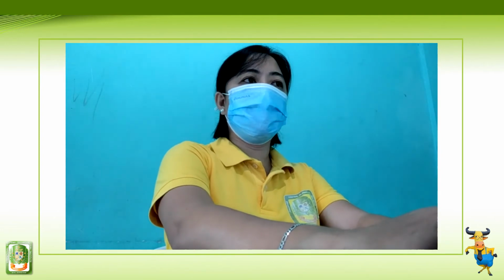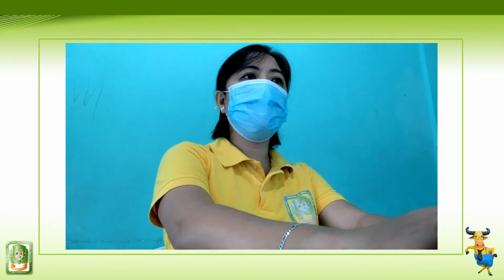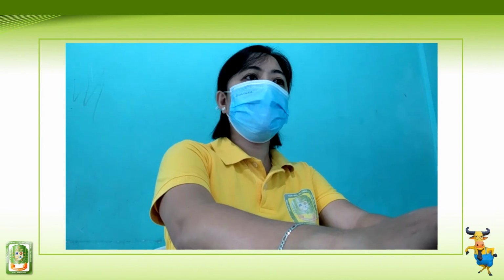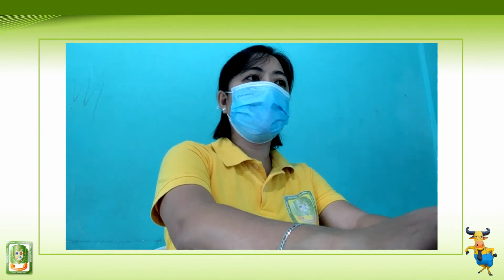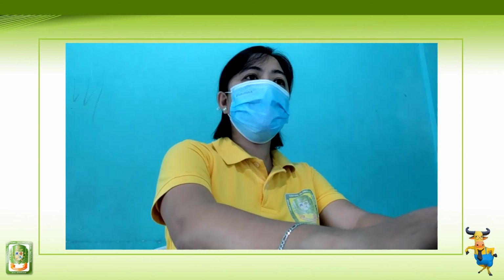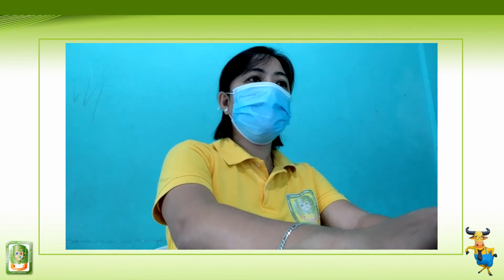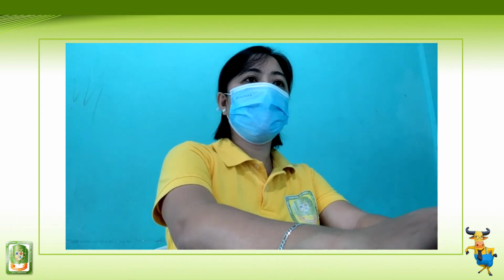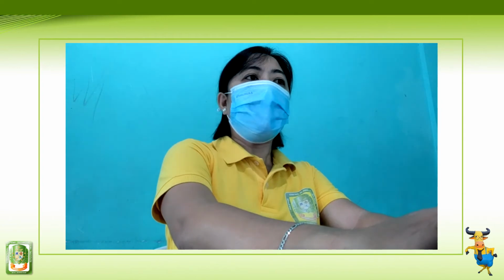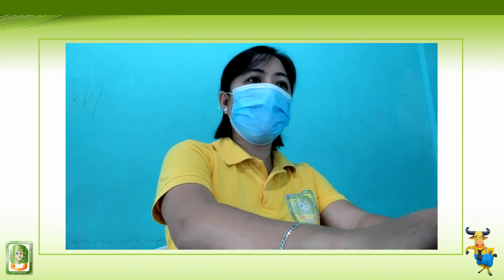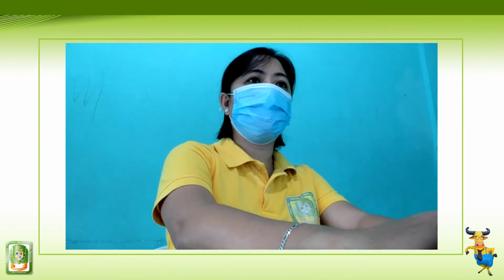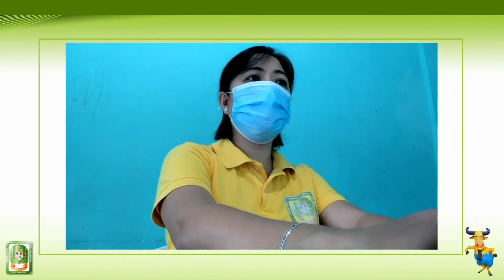Farm implements. Farm implements are accessories which are pulled by working animals or mounted to machineries. Hand tractor, which is usually used in the preparation of land. These are usually made of special kinds of metal. Farm implements and their corresponding functions. Number 1, disc plow.